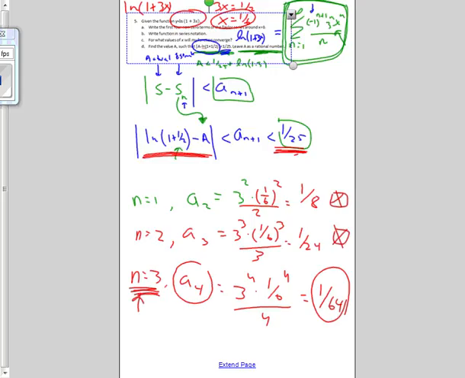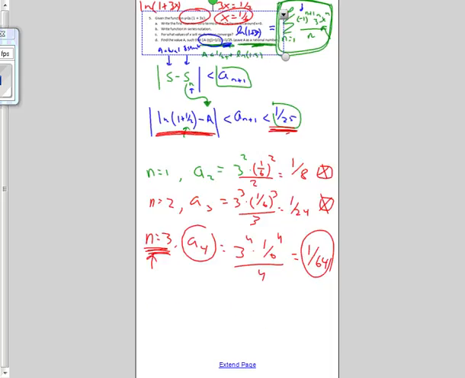So therefore, ln of 1 plus 1/2 minus s of 3 is less than 1/64.